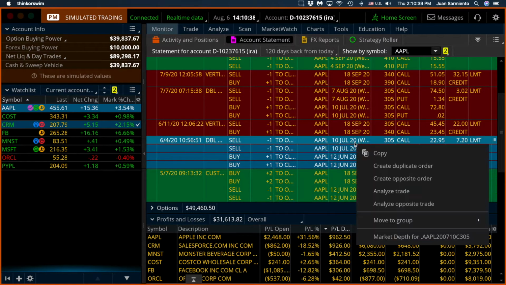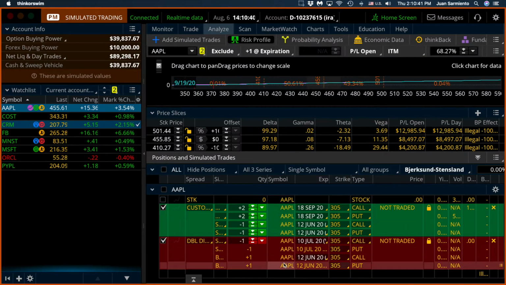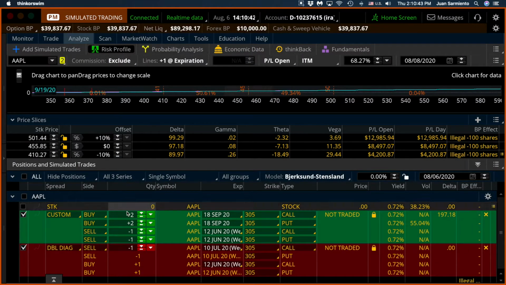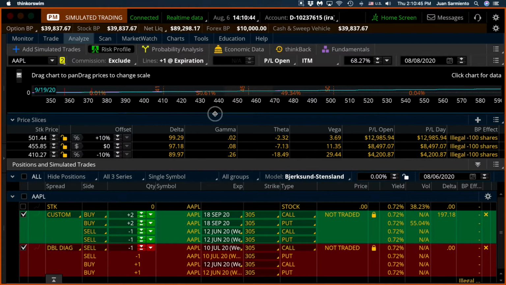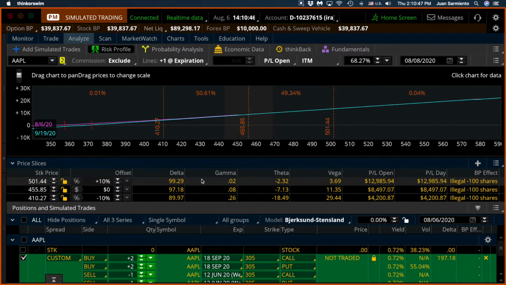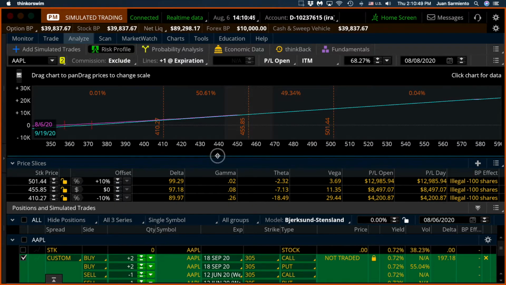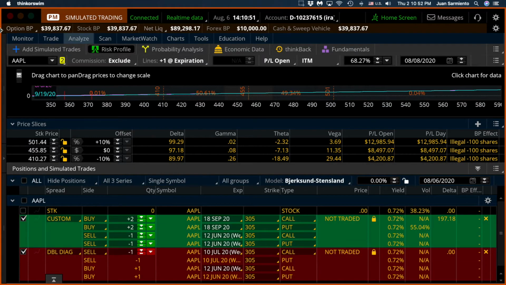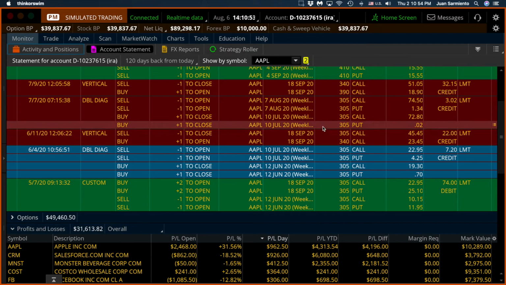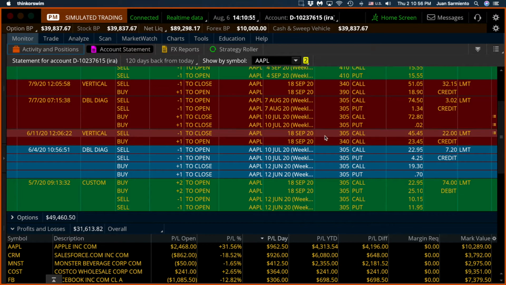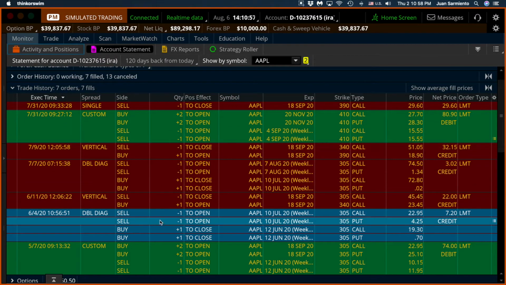I can click on this and say Analyze Trade, and then that brings it to my Analyze chart here. And this would have been what the trade would look like, but that's not all that I did. Once again, I go back to the Monitor tab, and here you see that I essentially sold one of my long calls expiring September and bought one at a higher strike price.